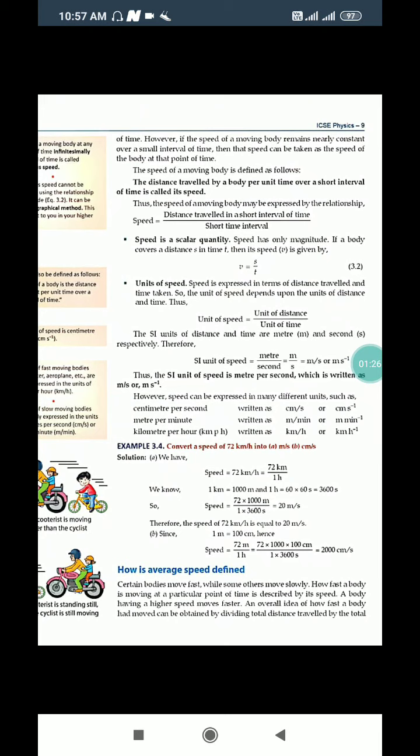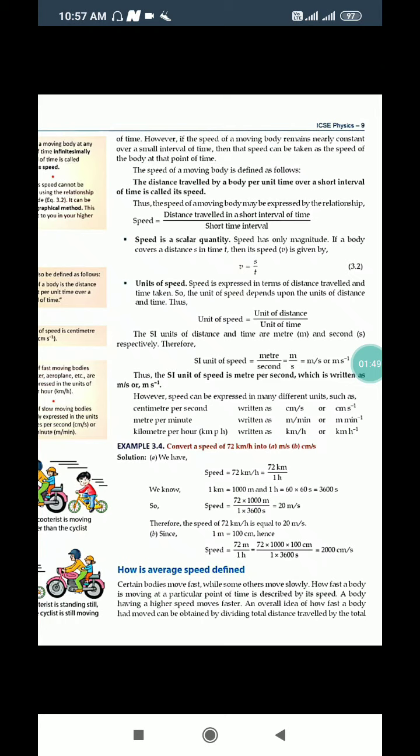If a body travels a distance capital S in time small t, then its speed small v is equal to distance capital S by time small t. So unit of the speed is equal to unit of distance by unit of time.